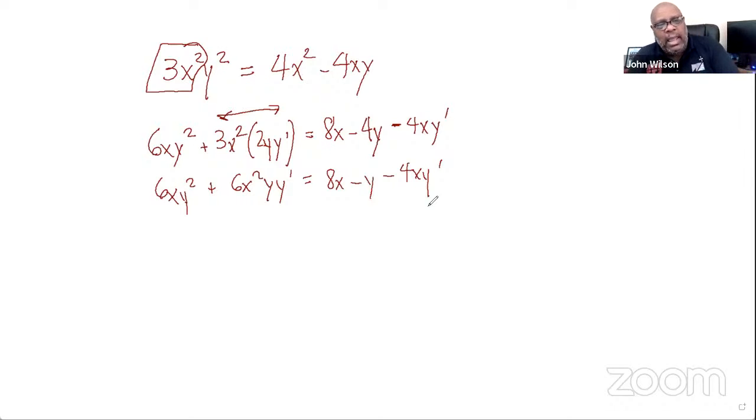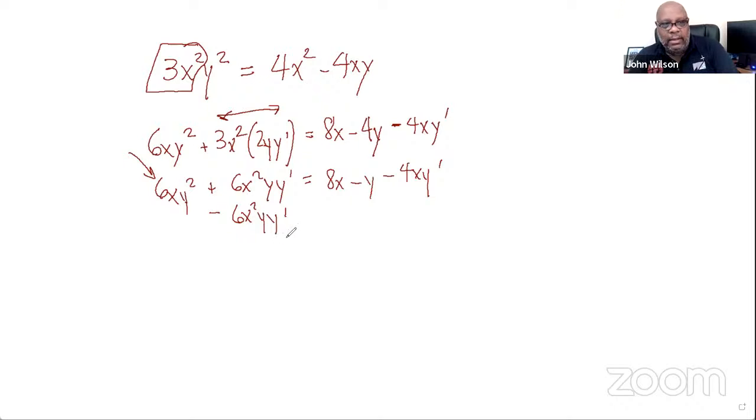So this time today, I don't know why it's developing this way, but the y prime seems to be on the right today. It could have been over here, so I'm going to do that. I'm going to leave this term here alone, but I'm moving this one to the other side. So minus 6x squared y prime is what I would do.